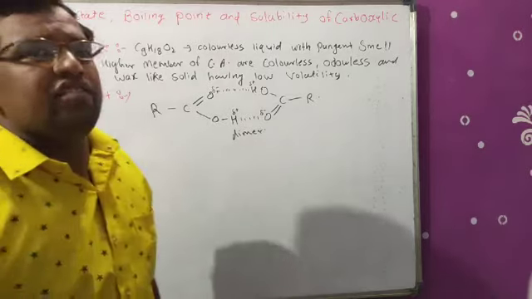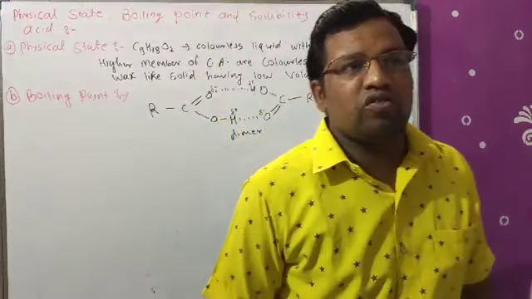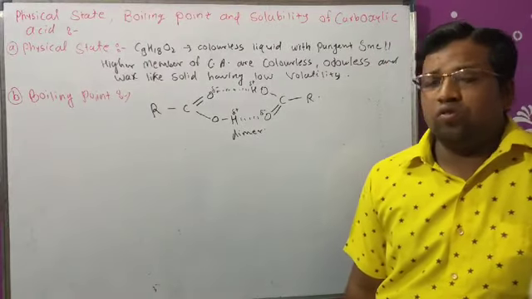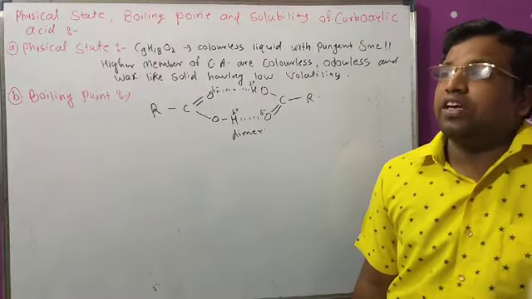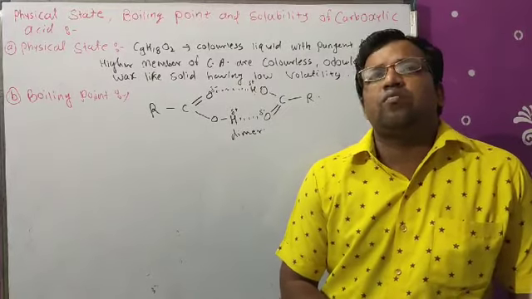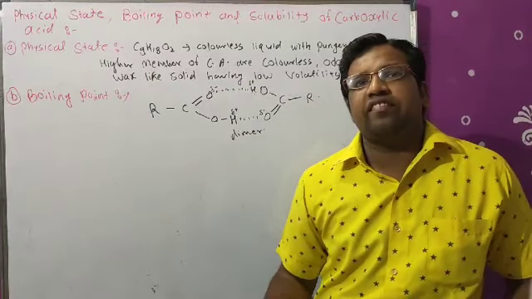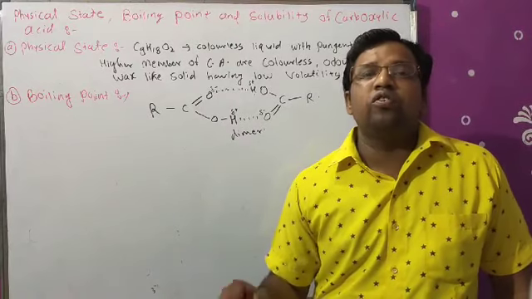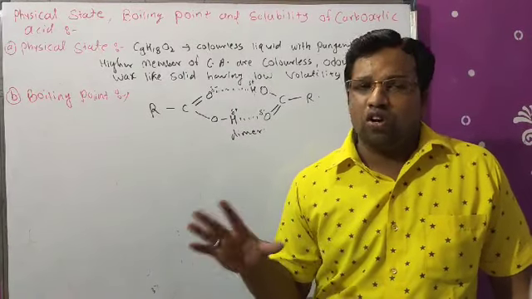Now lower aliphatic carboxylic acids up to 4 carbon atoms are soluble in water, because the lower carboxylic acids make hydrogen bonding with water molecules, and therefore they are soluble in water.